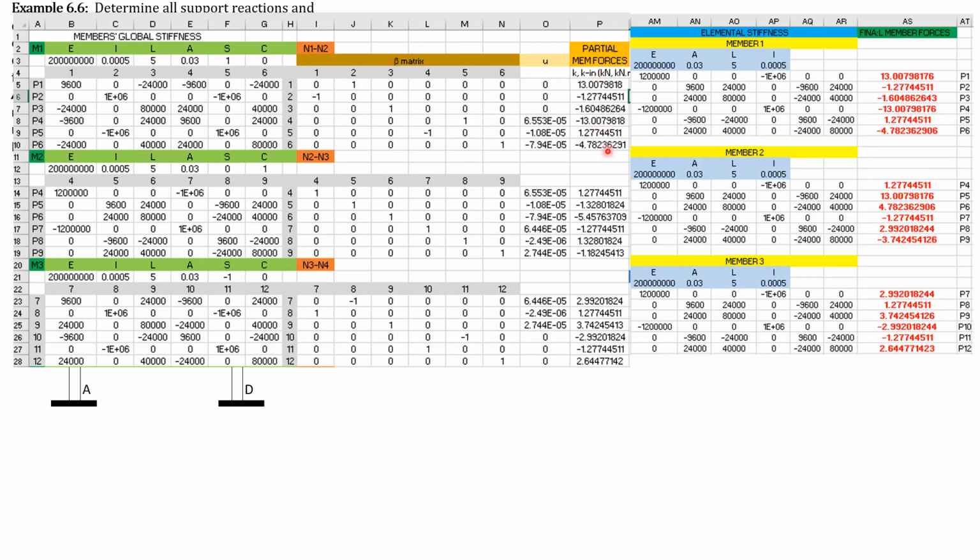We do not yet incorporate the fixed forces here. But for member AB, there are no fixed forces. That's why whatever the value in the member partial forces, that is also the final member force, because member 1, AB, has no fixed forces. Except for member 2, there are fixed forces.